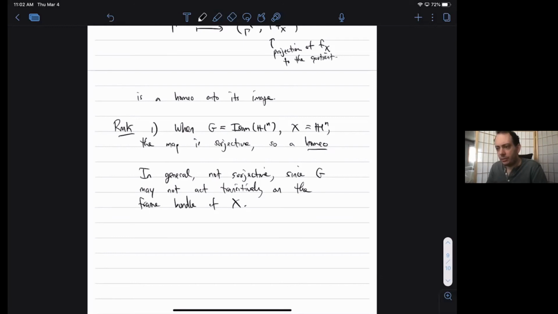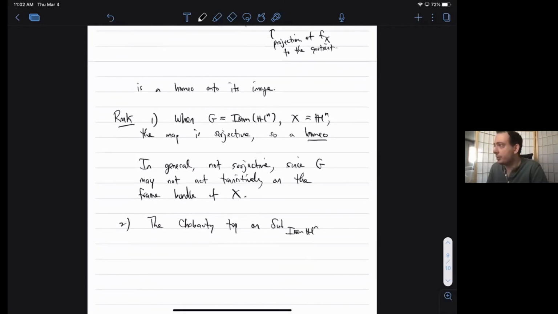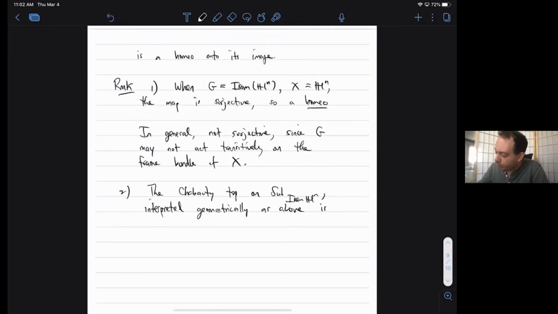And then I should also say that this interpretation of the Chabauty topology on the space of subgroups of the symmetry group of Hn, interpreted geometrically as above, or even interpreted geometrically slightly differently, is really important in low dimensions, like when n is 2 or 3, say.